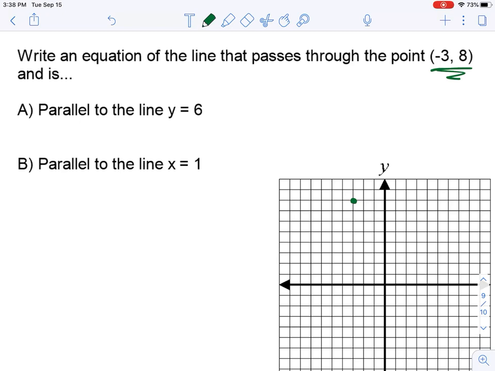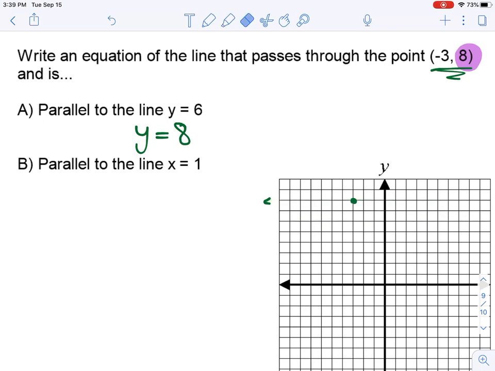It must be parallel to y equals 6, our horizontal line, so it must be another horizontal line. It crosses the y-axis at 8, so our parallel line will be y equals 8. Now notice, in our coordinate, y will equal 8. Pretty nifty.